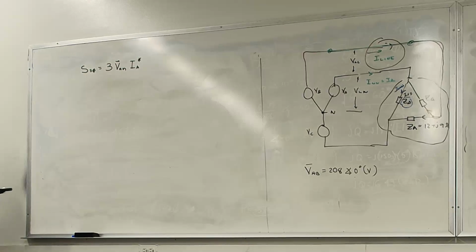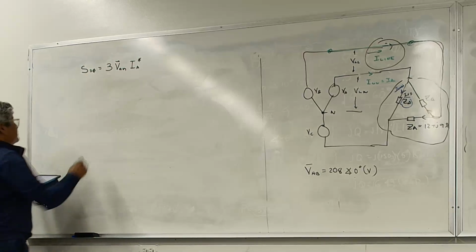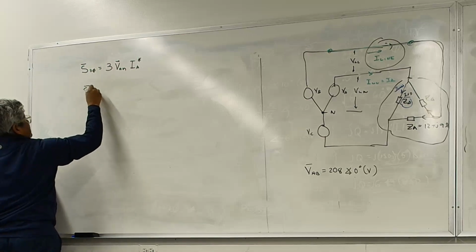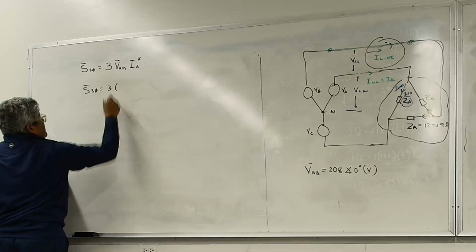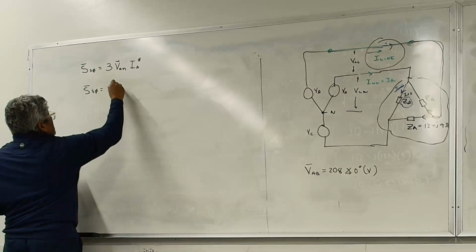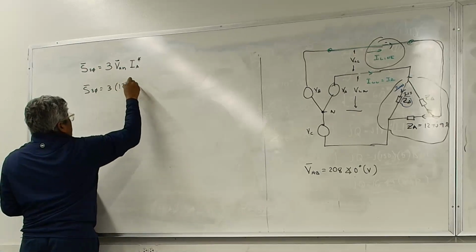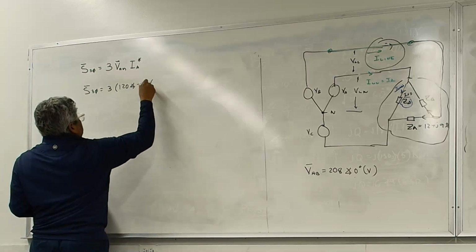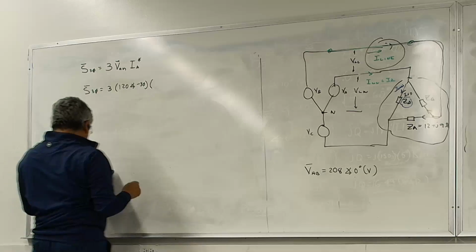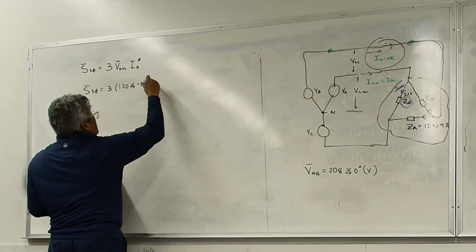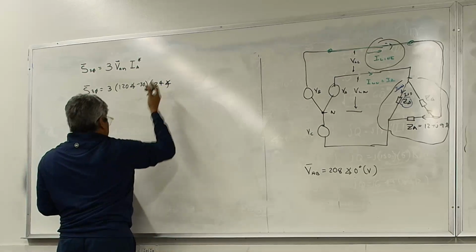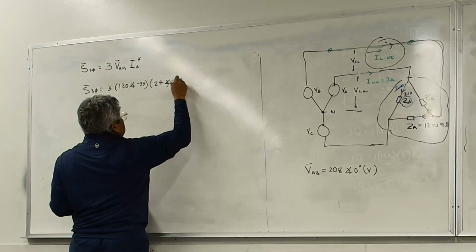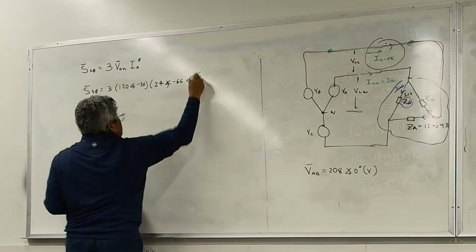I have all that information. Okay, so my S3 phase, I'm going to put a line here so we know it's not just a magnitude, is equal to 3 times A to neutral, which is 120 angle of minus 30 degrees, I'm sorry, times IA, which was approximately 24 angle of minus 66.9 degrees, conjugate.